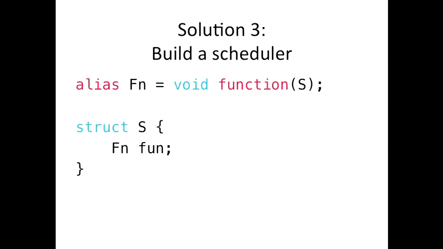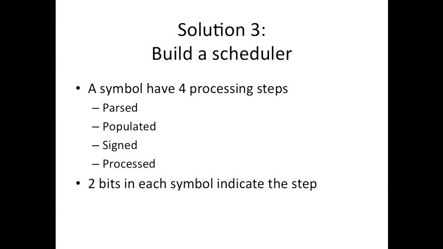So there is an extra bit of information I didn't tell you yet that allows getting rid of this kind of problem. Actually, each symbol is processed in 4 steps. The first step is parsed. Then I'm just out of the parser. Nothing has been done yet. I'm ready to be analyzed. Then populated. Populated is like, I don't really know much about myself, but you can resolve identifiers.